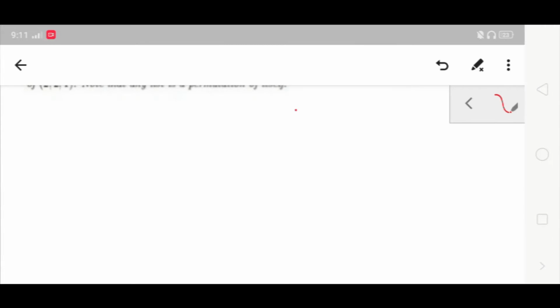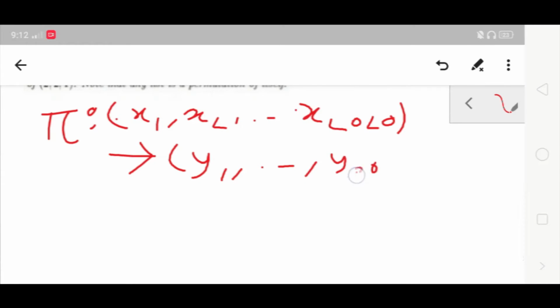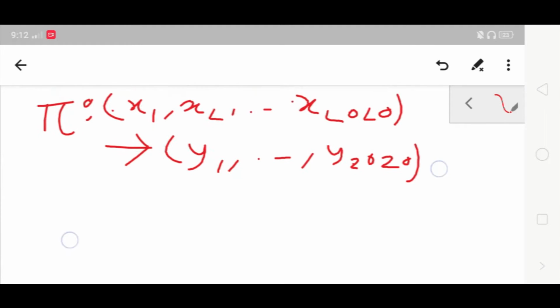At first in our solution, we should consider some permutation pi of x1, x2 up to x2020, which sends it to a new permutation, y1 up to y2020. Now here is some notation which I would like to define.